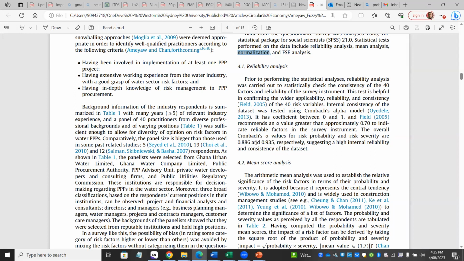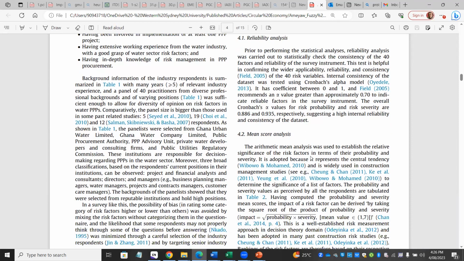That means the two of them satisfy our threshold, which I also explained in the other video: for a Cronbach's alpha to be acceptable, for your internal consistency to be reliable, you must attain 0.7 and above. So the two of them satisfy that. That means the study has high internal reliability and consistency, and therefore we can keep using the data for our analysis.